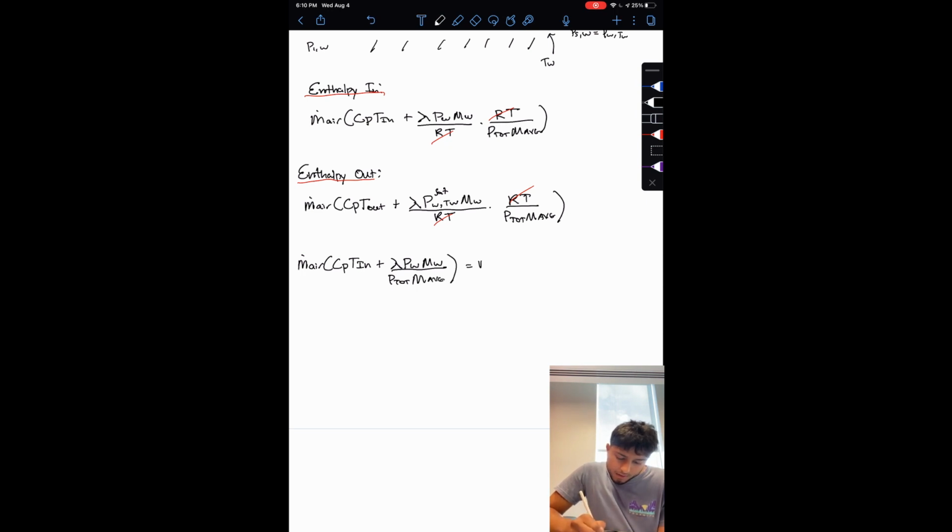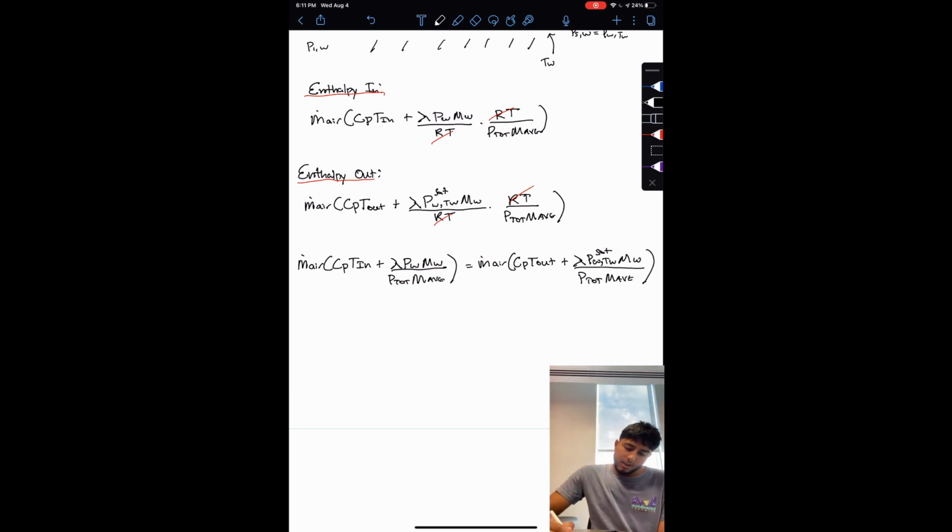And then we're going to set that equal to M air, this one's going to be C, the heat capacity, multiplied by the outlet temperature, plus the heat of vaporization of the saturation pressure of the water at the temperature of water, multiplied by molecular weight over the P total, and then molecular weight average.